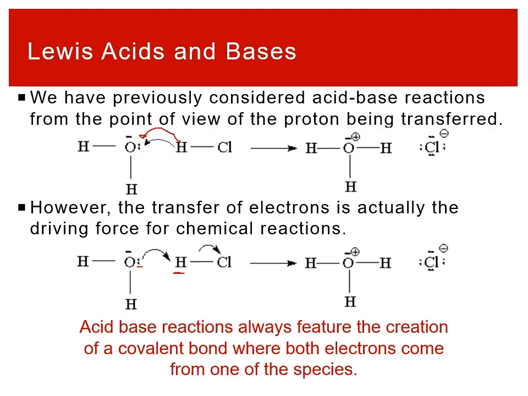And so acid-base reactions, even all of the ones we've talked about before, always involve the creation of a covalent bond where both electrons come from one of the molecules. The idea is we transfer an H+. These electrons that were in the bond stay on the chloride. The hydrogen leaves as an H+; it doesn't take any electrons with it.